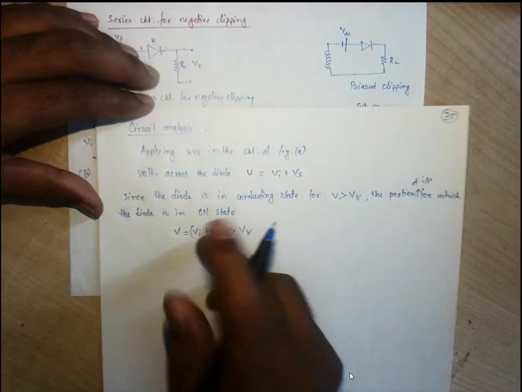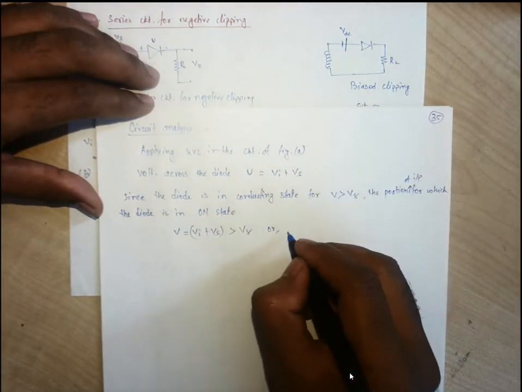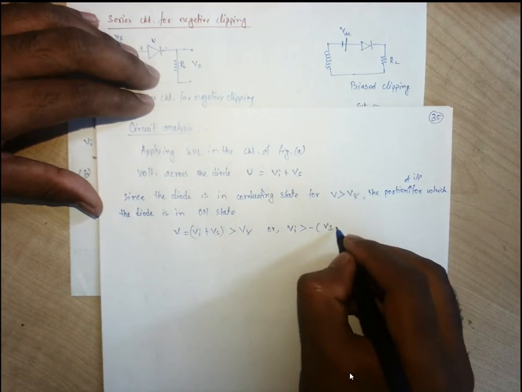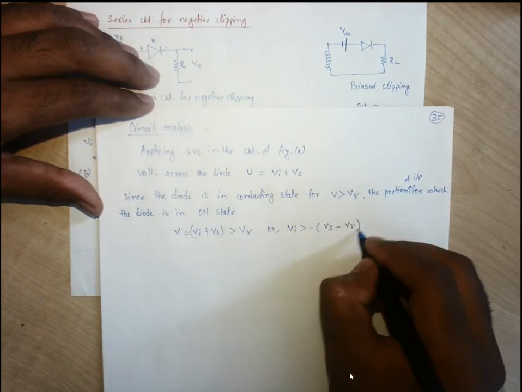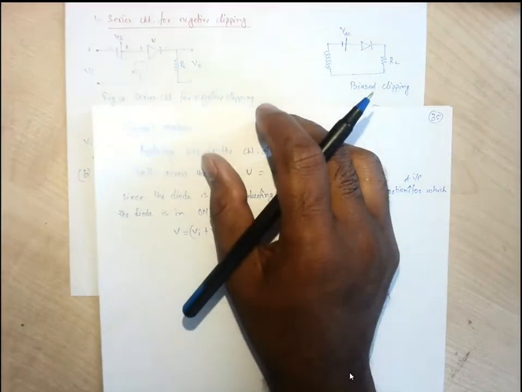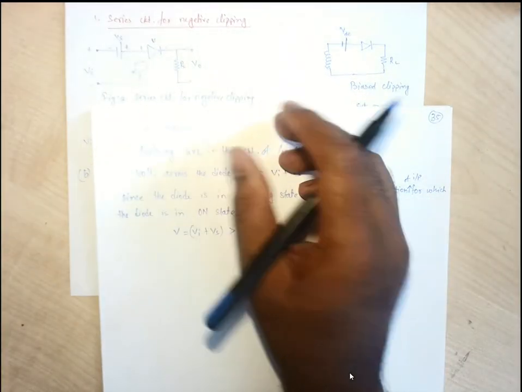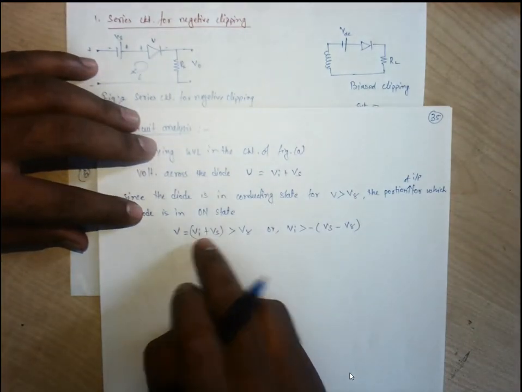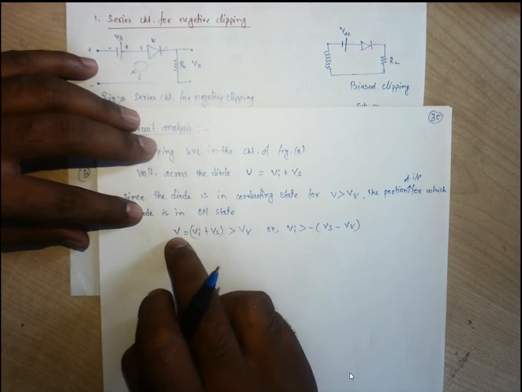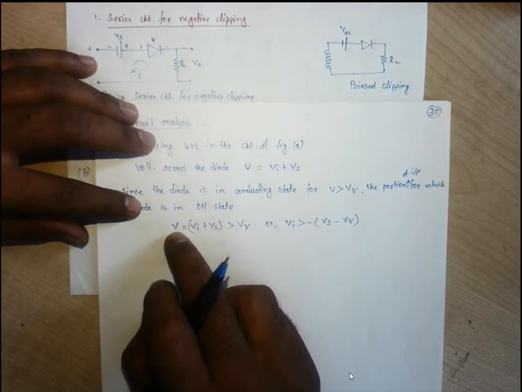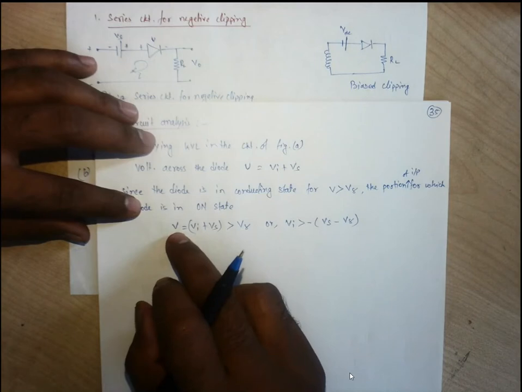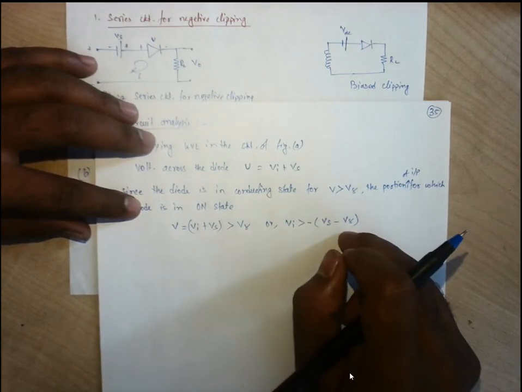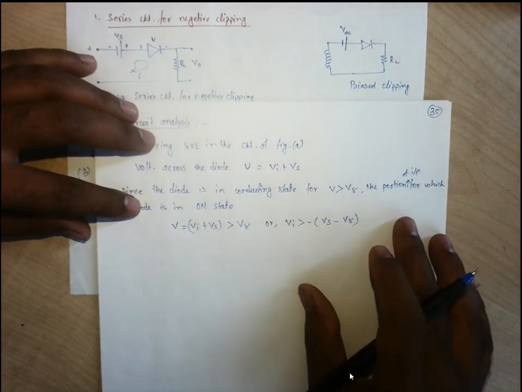So the input should be greater than minus Vs minus V gamma, right? This condition of the input will ensure that our diode will be in the on state.